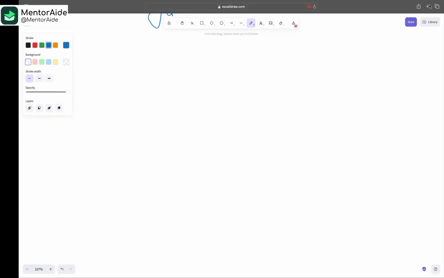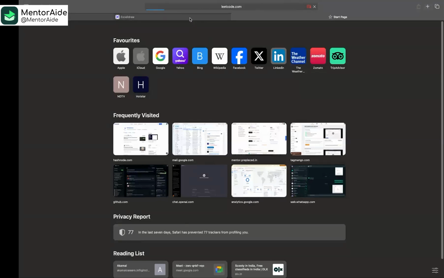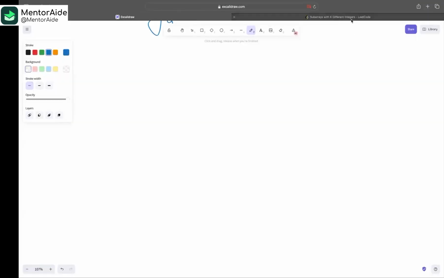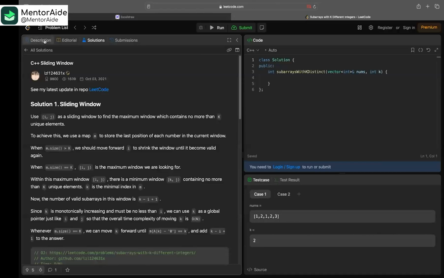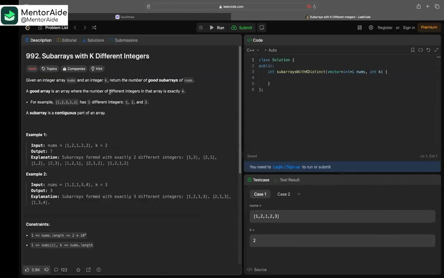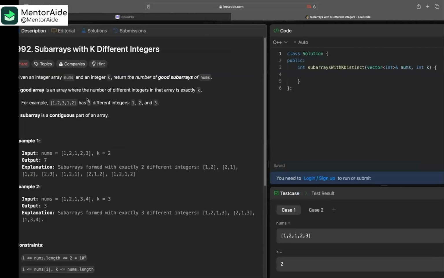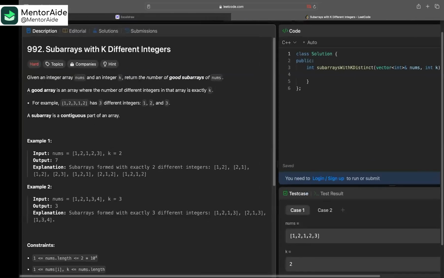Okay, I hope my screen is visible. This is the question which we are going to do. Wait, let me pick the easier one, otherwise it would be too much. Okay, let's start with this one.